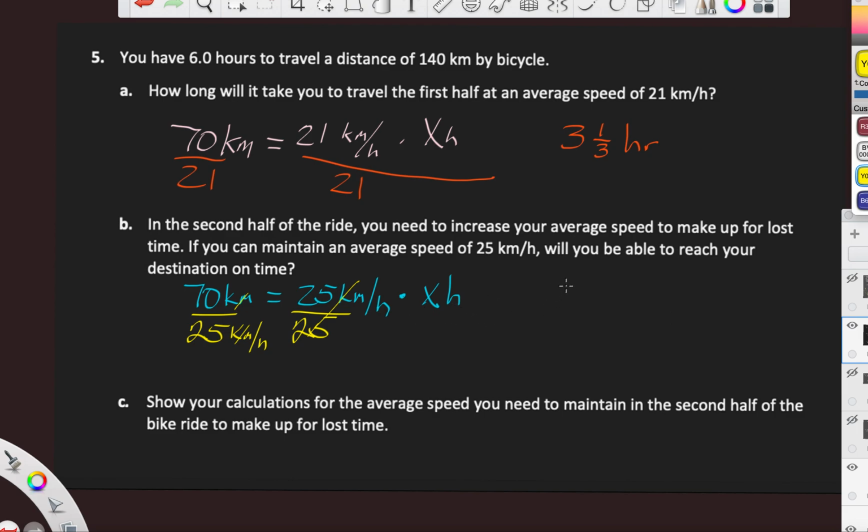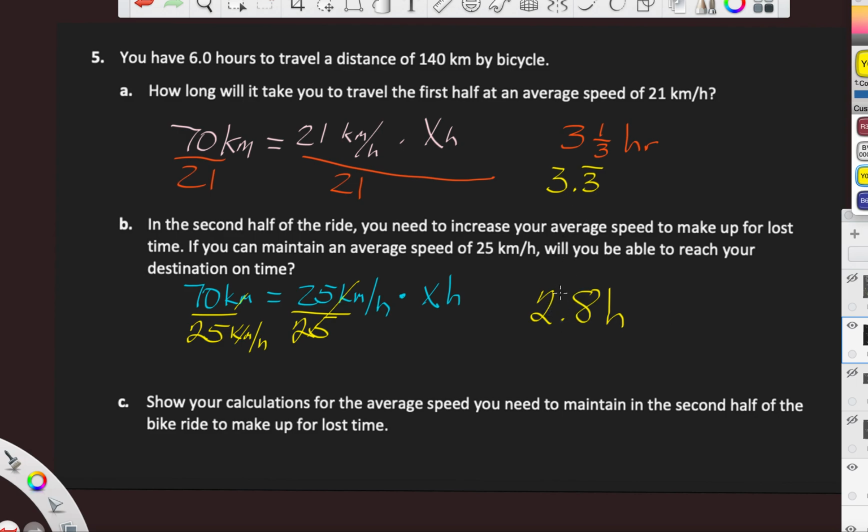It turns out that it's 2 8/10 hours. Now, 2 8/10 or 2 4/5, if you want to write this, is 3.3 repeating, right?